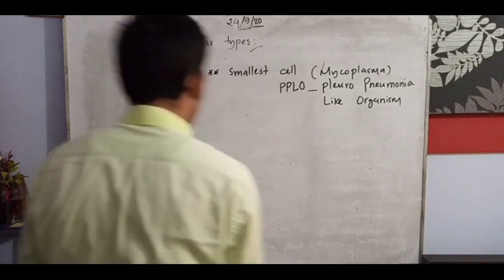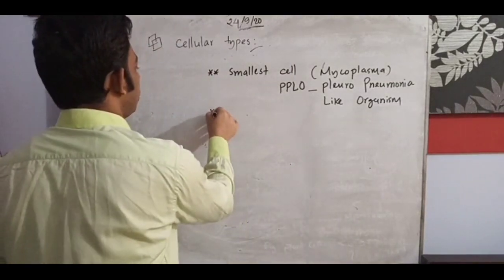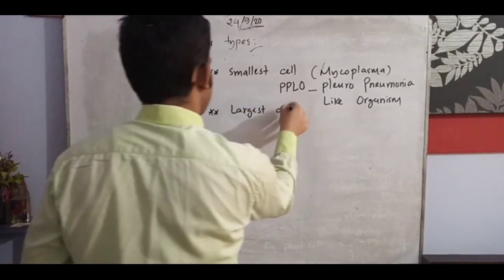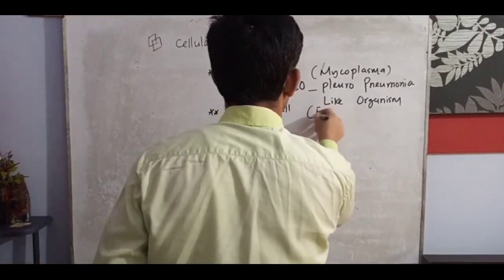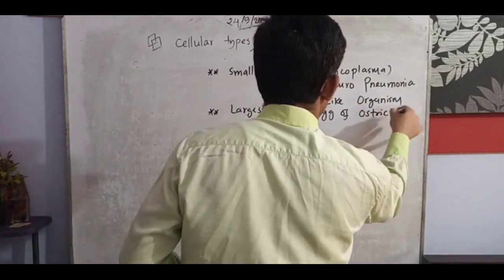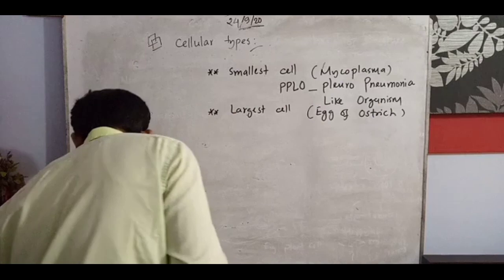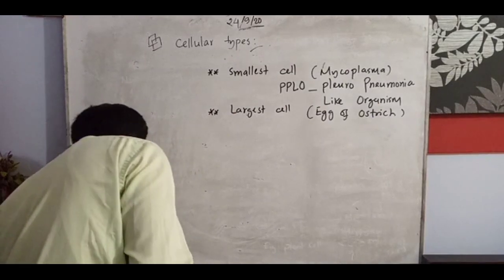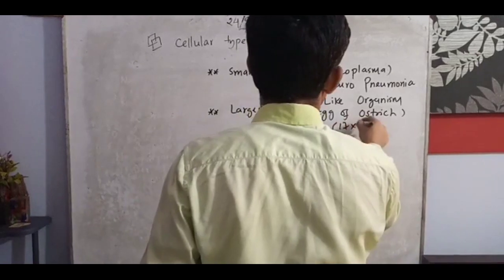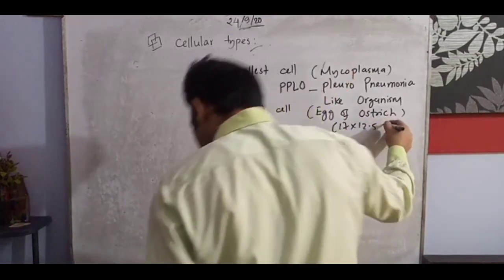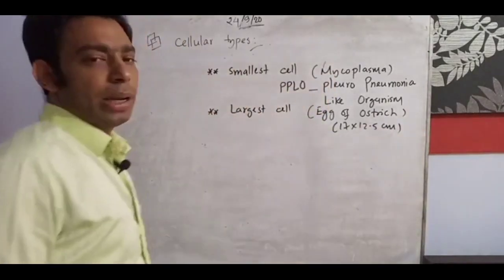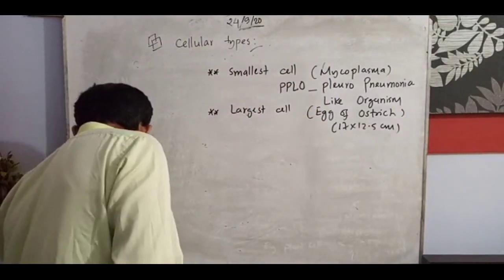And the largest cell in the world is the egg of the ostrich, and its size is given as 17 into 12.5 centimeters. So my dear students, keep it in mind, this is asked many times in any type of examination.